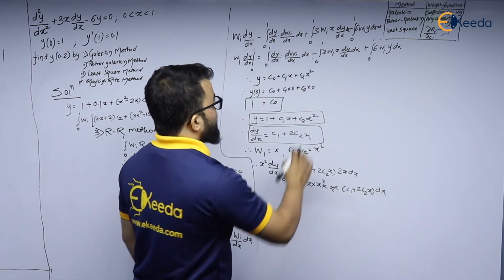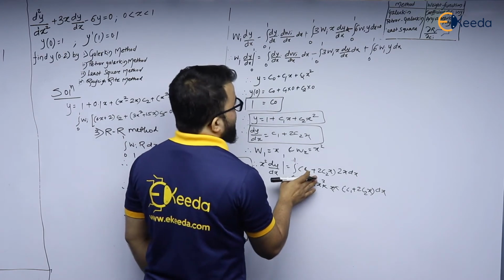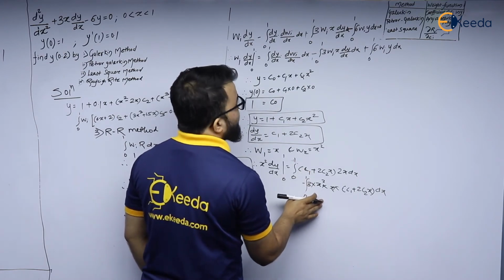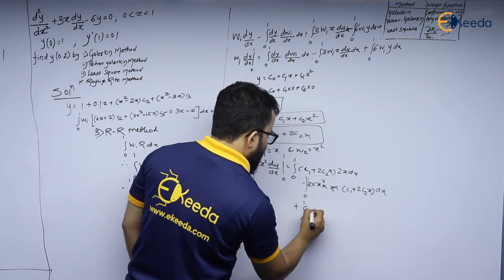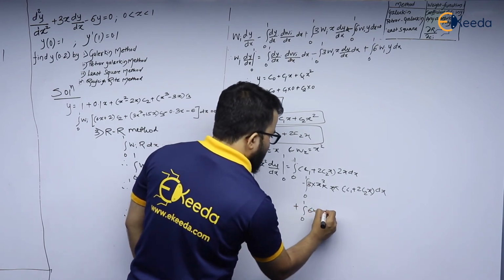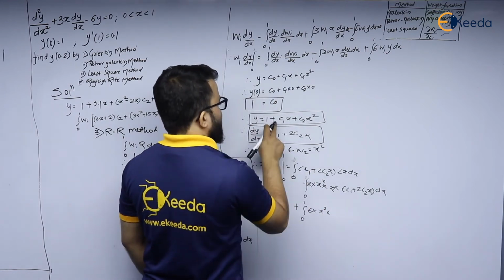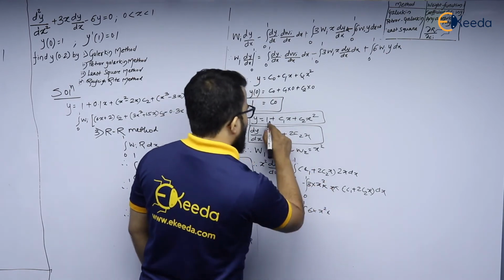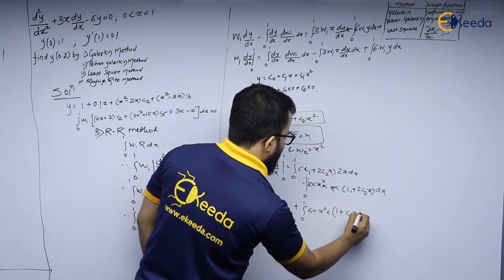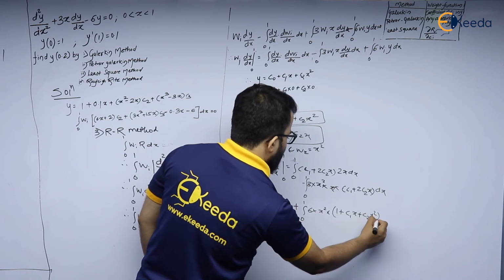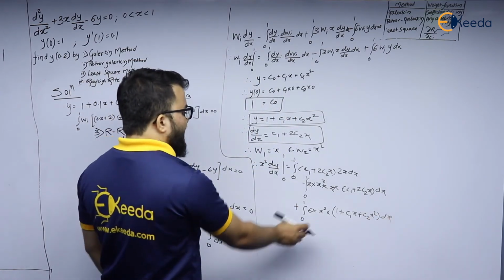So this is the second term, from 0 to 1. I solved the first term, then this second term. Now the remaining third term is 0 to 1 of 6 into x square into y, where y is our equation, which is 1 plus c1x plus c2x square dx. So we will simply solve this bracket.